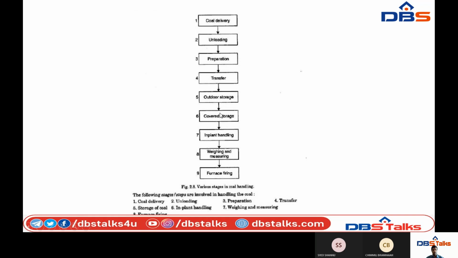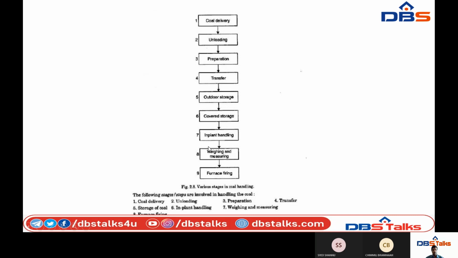Then from outdoor storage it is sent to covered storage by means of transfer points, conveyors, AGV vehicles, etc. In plant handling, after that comes particular weighing and measuring, which we have to maintain according to our requirement.